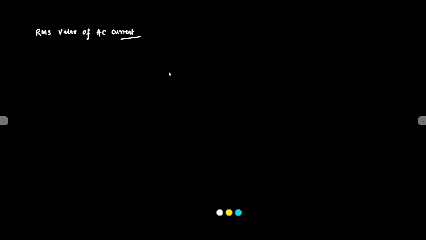Let us say we have this circuit. This is the alternating voltage, this is the resistor R, and this is the alternating current IT.